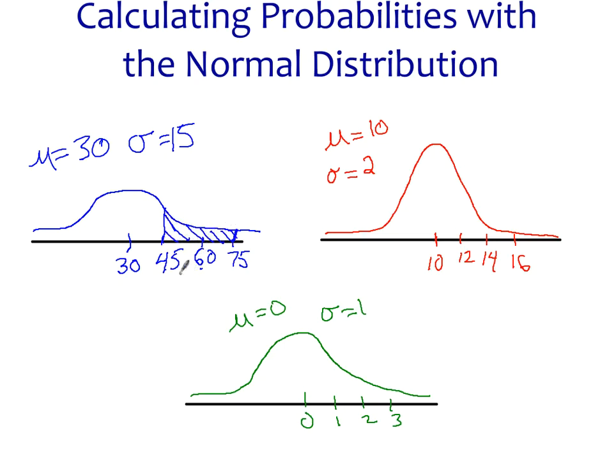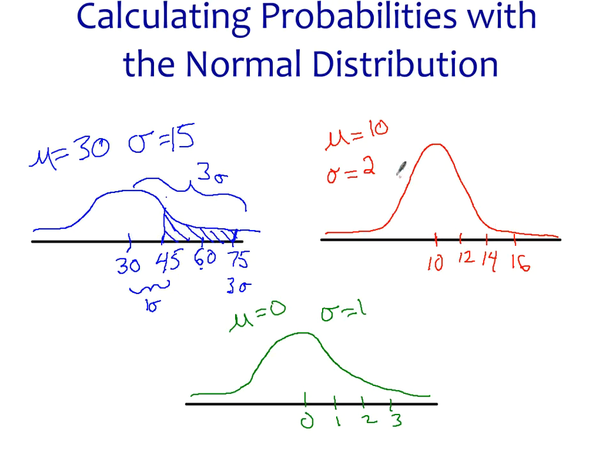Well, here's the thing. 45 is 1 standard deviation above the mean, 1 sigma. And 75 is 3 standard deviations above mu. So I want the area that's between 1 and 3 standard deviations above the mean.